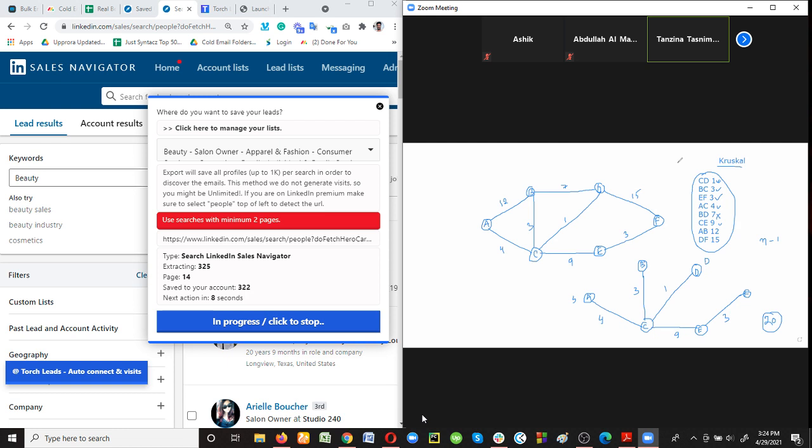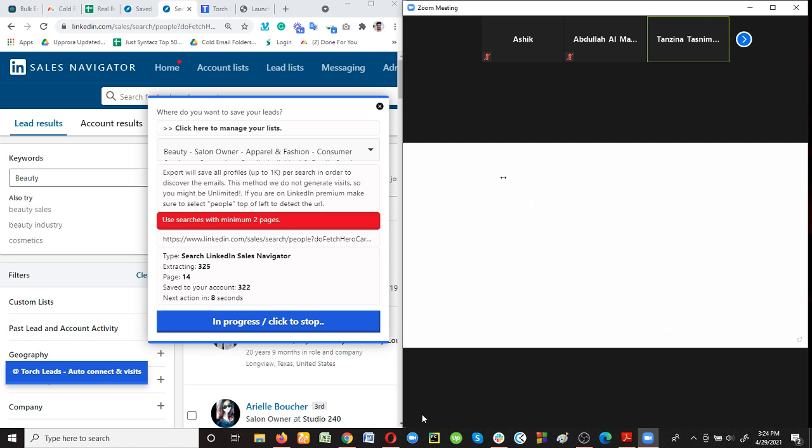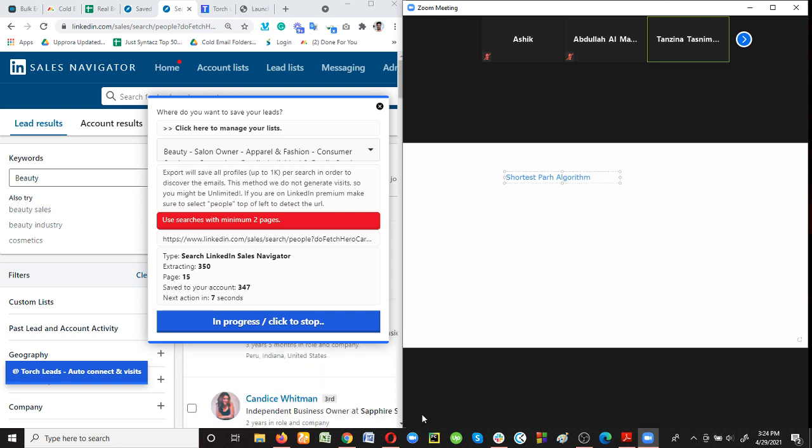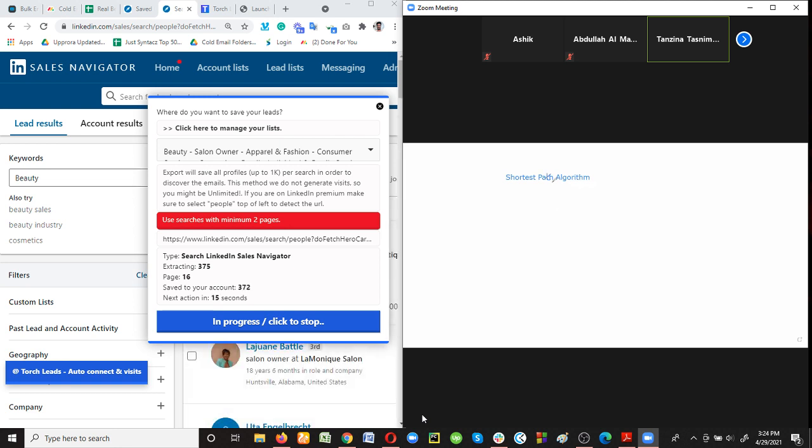Okay. So now today's topic will be about the shortest path algorithm. What is a path? If a source and a destination node are given, and there is a way of traveling from that source node to the destination node T, that's called the path sequence, right?